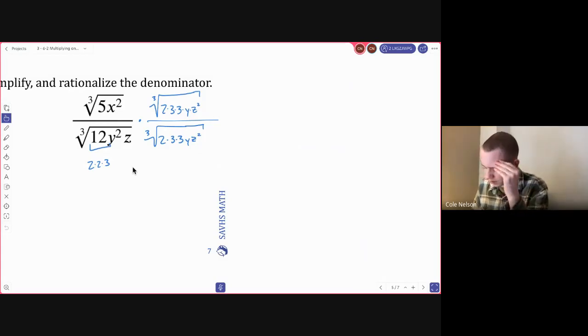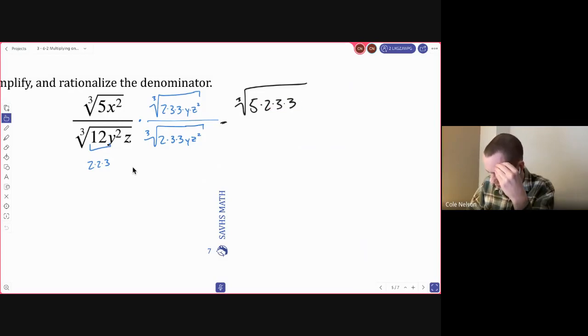All right. What do we have here? We have the cube root of 5 times 2 times 3 times 3. That's all the numbers so far. I have an x squared from here. I have a y and a z squared from here.